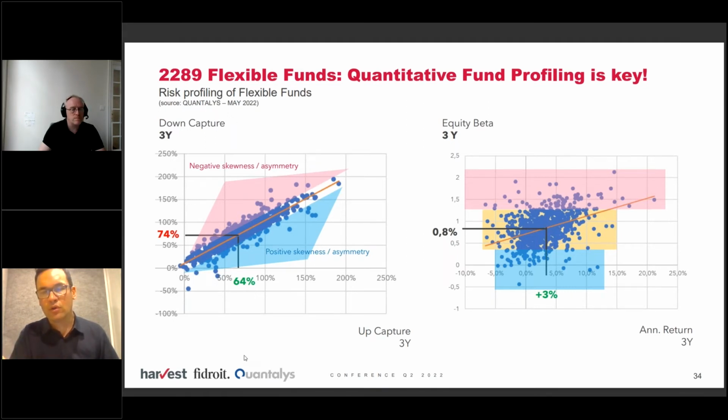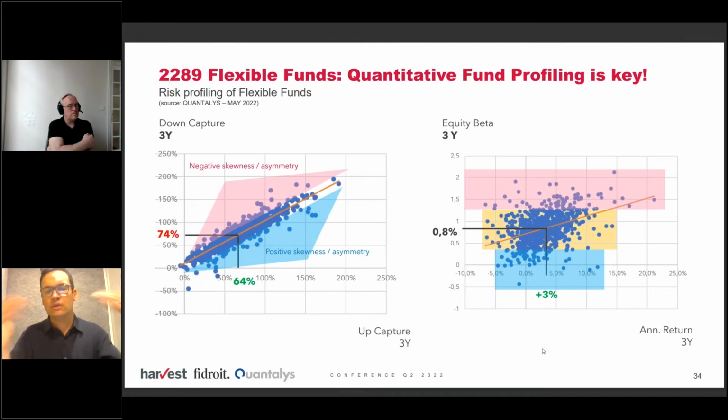And on the right, you have the annual return on the last 3 years. In that graph, it's 3 years, not 5 years like previously. And you have the equity beta. So we are able to measure the equity beta of the flexible funds of this universe with a regression against equity beta indices.